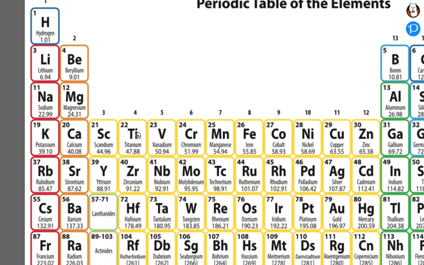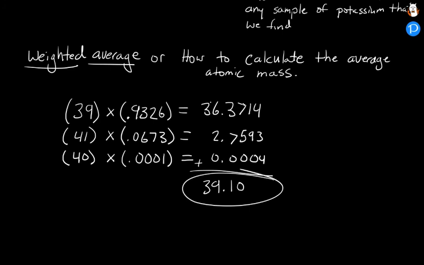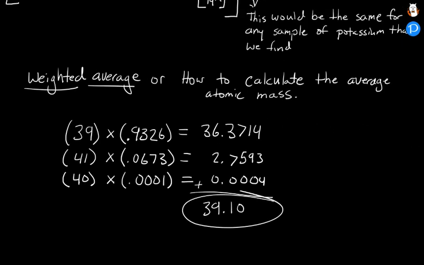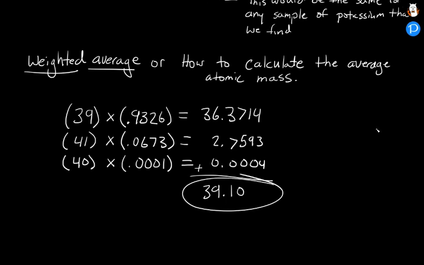And that's the process that you would have to go through to find the average atomic mass of any of those elements. Okay, so if I had to figure out the average atomic mass of, let's say, chlorine, this is what you would do.